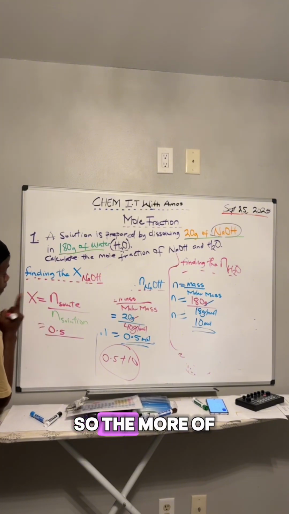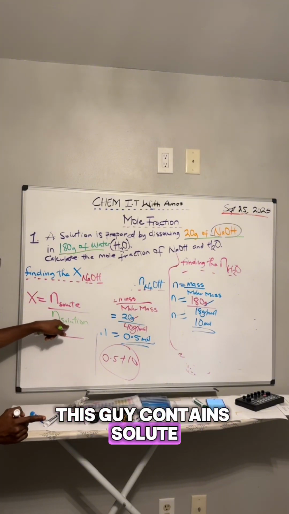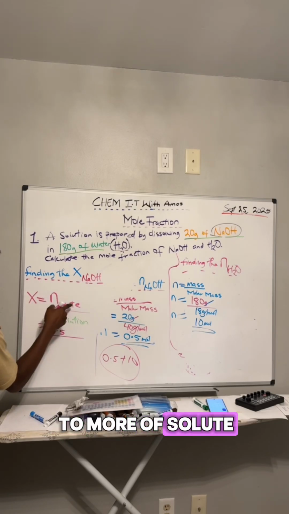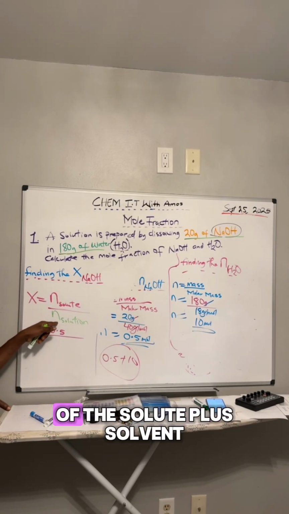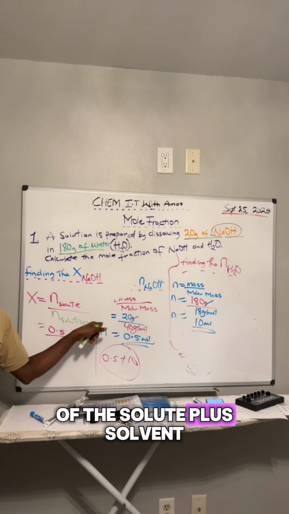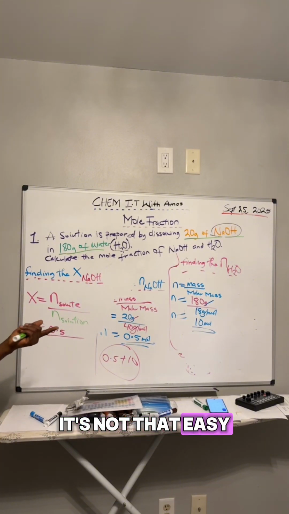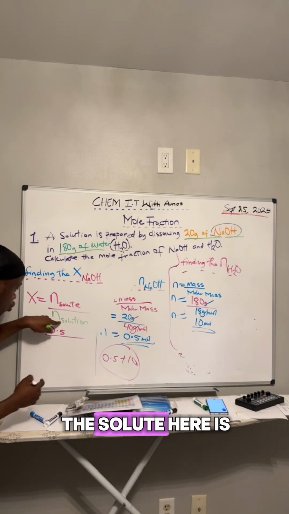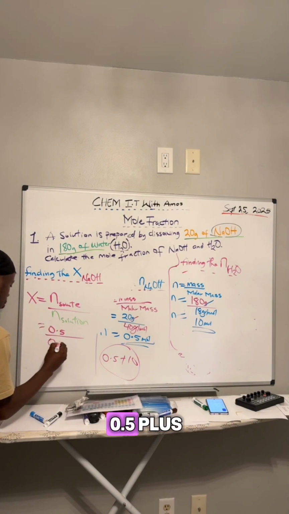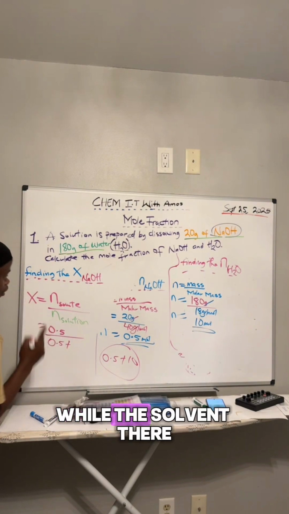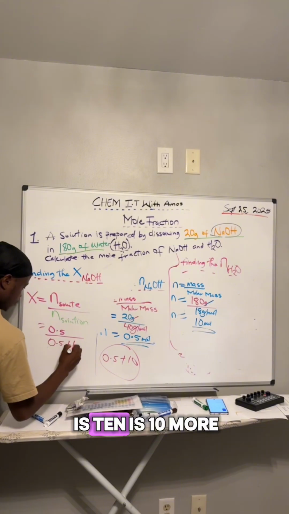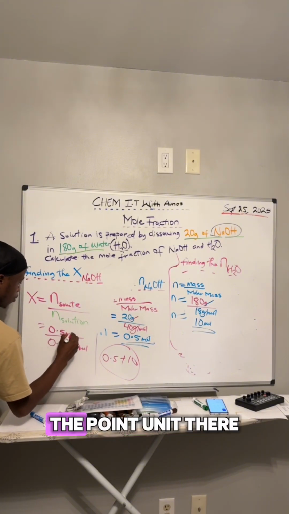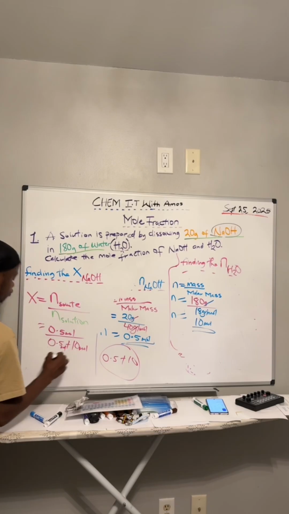You could say mole fraction is equal to mole of solute divided by the mole of the solute plus solvent. Is it not that easy? Yes, it is. So the solute here is 0.5 plus the solvent, which is 10 mole.